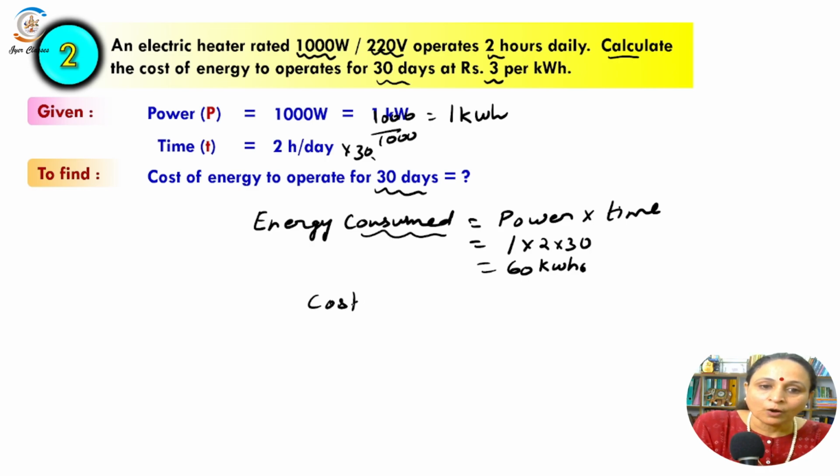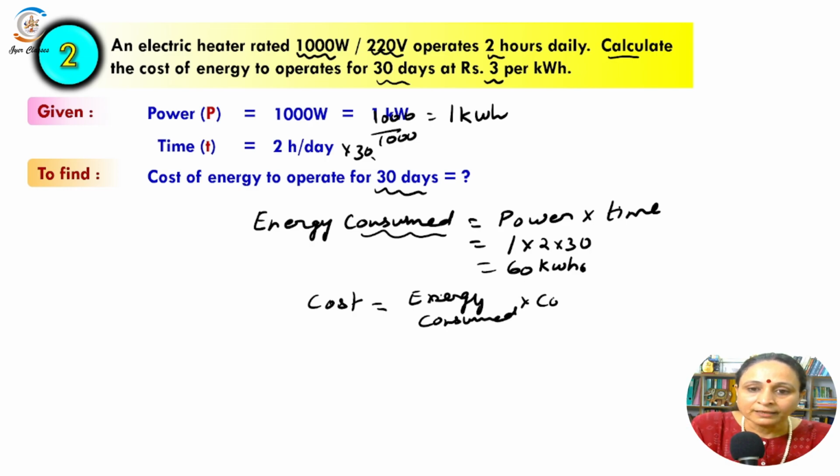And what about the cost? Cost is equal to energy which is consumed multiplied by the rate of electrical energy. Beta, what is the energy?